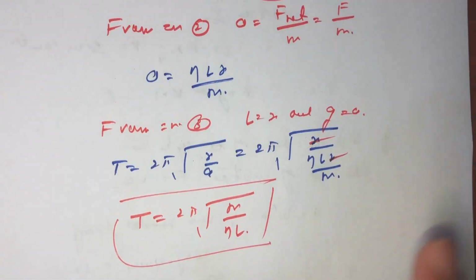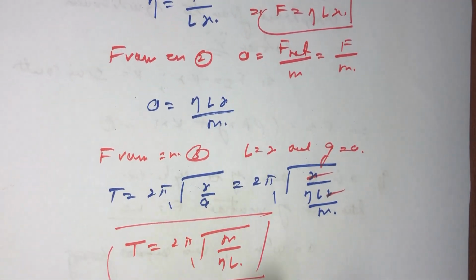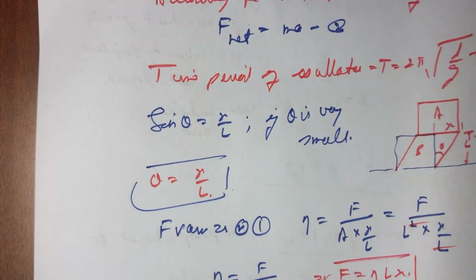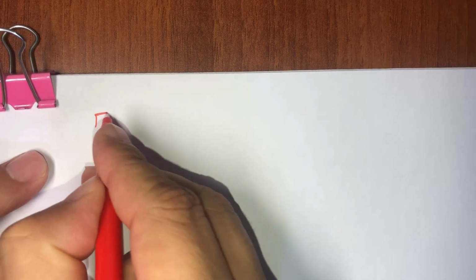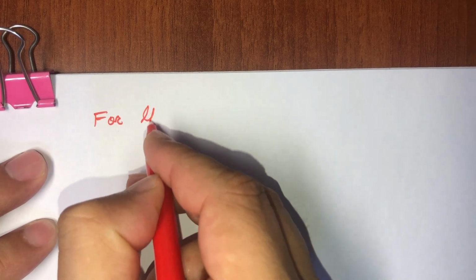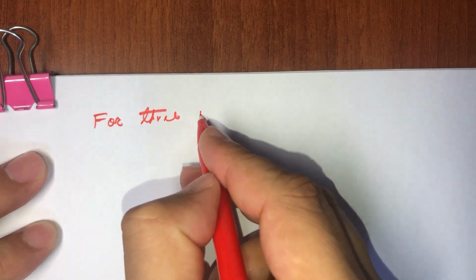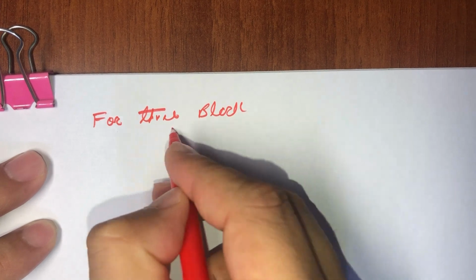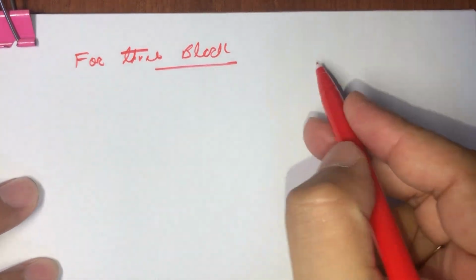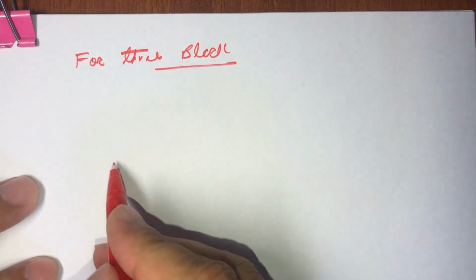So, let me take a new page. If there are 3 blocks, we have something like this.